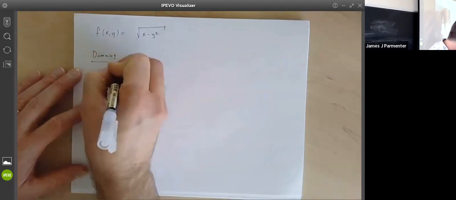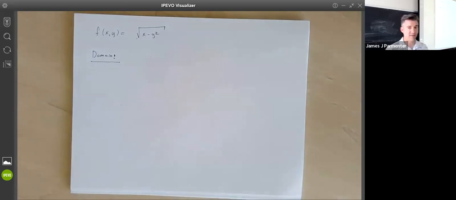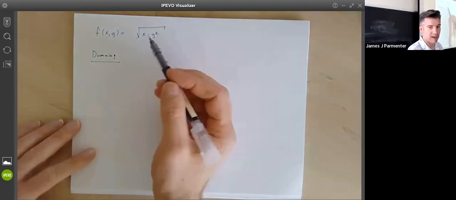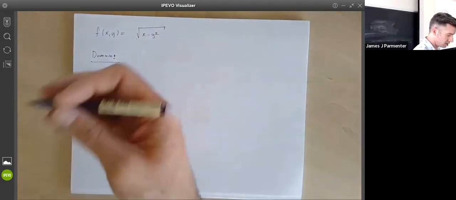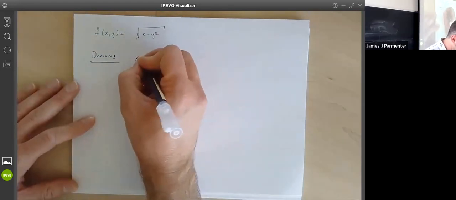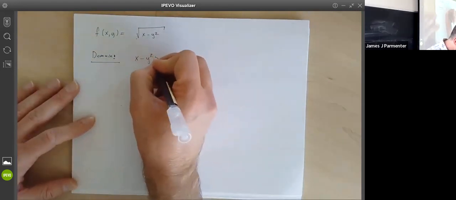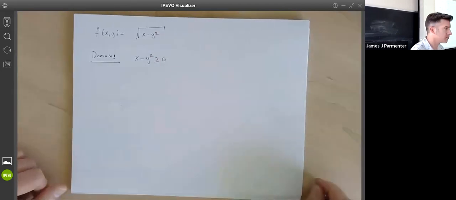So at least in the beginning, the first steps to finding the domain should be just like they were back in 21A, meaning you're just looking for some sort of problem and trying to account for it. In this case, the problem is we're taking the square root of some stuff, and we know we can't take the square root of negative numbers. So we have to say, all right, our stuff has to be greater than or equal to 0.